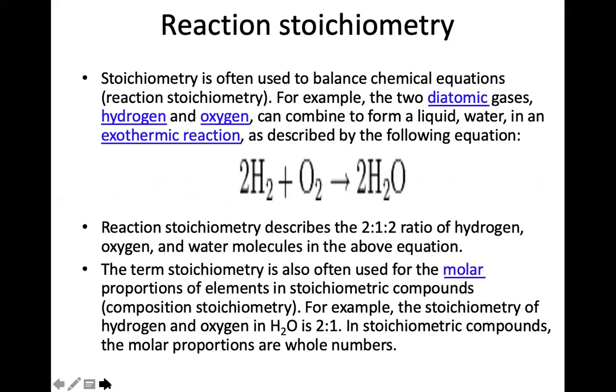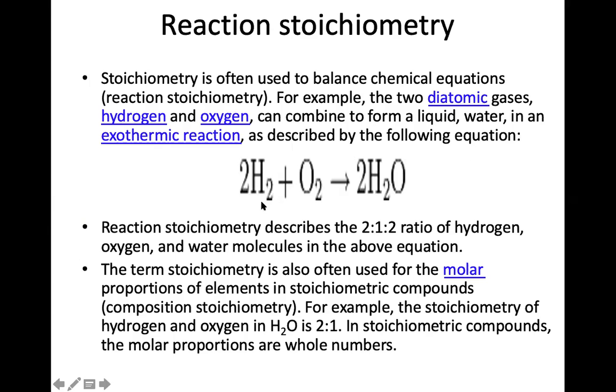So, reaction stoichiometry. Stoichiometry is often used to balance chemical reactions. It is called reaction stoichiometry. For example, the two diatomic gases, hydrogen and oxygen, can combine to form liquid water in an exothermic reaction, as described by the following equation.